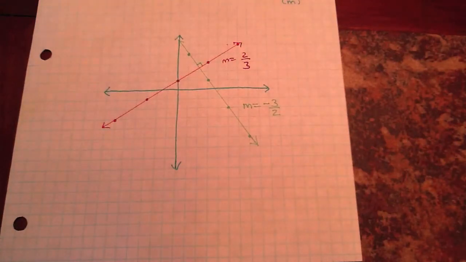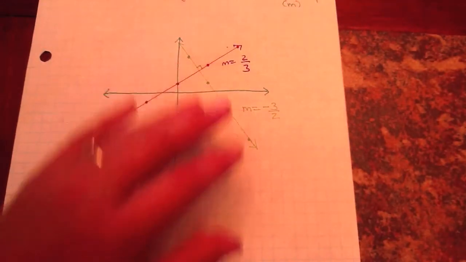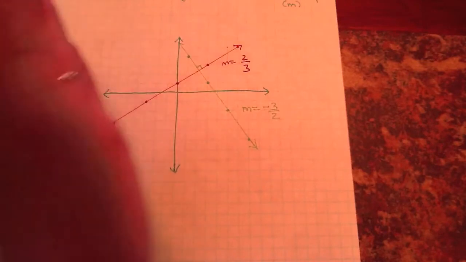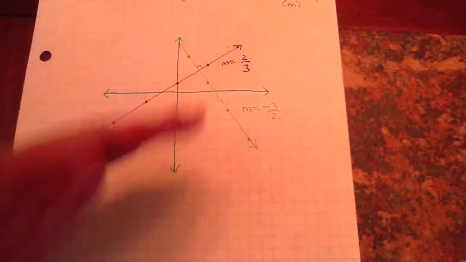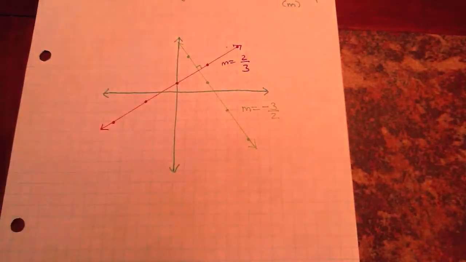So take a second to look at those and compare them. What you should have noticed is that they're the opposite sign, so one is positive and one is negative. That's what gets these to turn and cross at a nice angle like that. You're always going to have one positive, one negative.